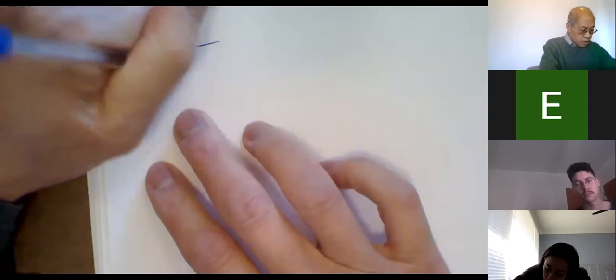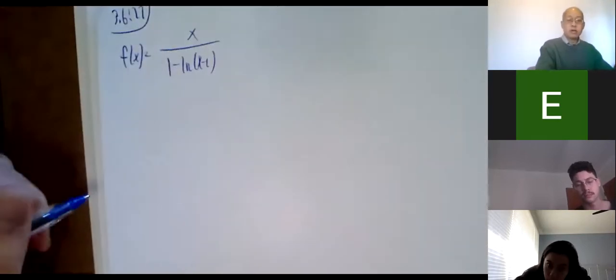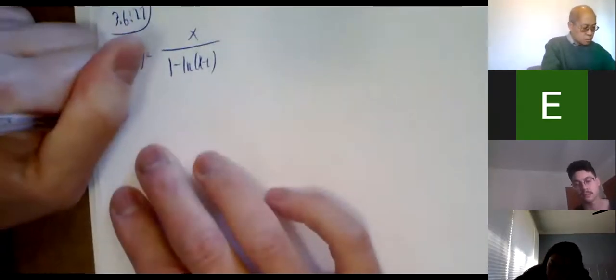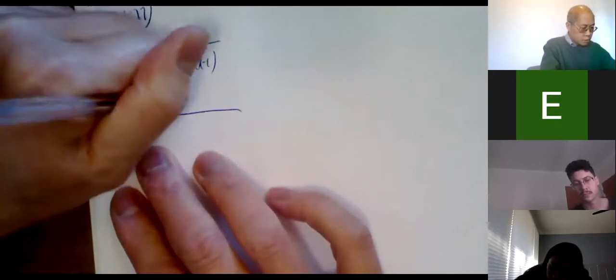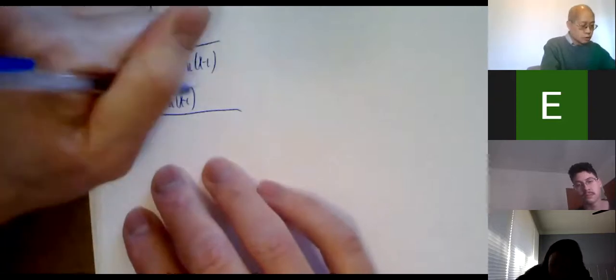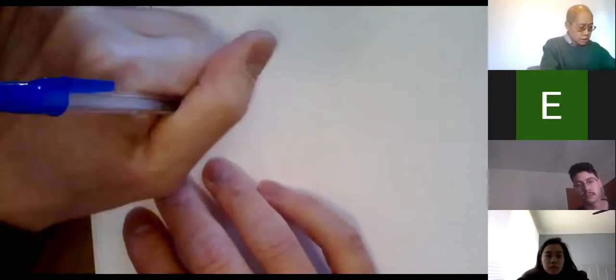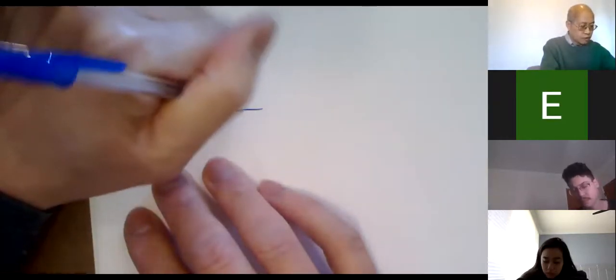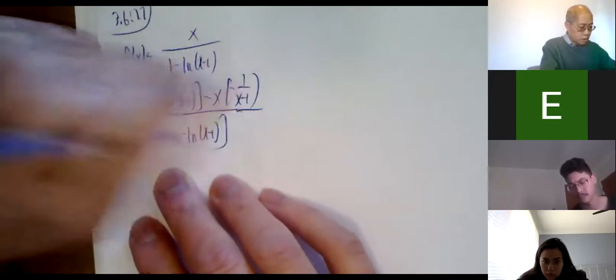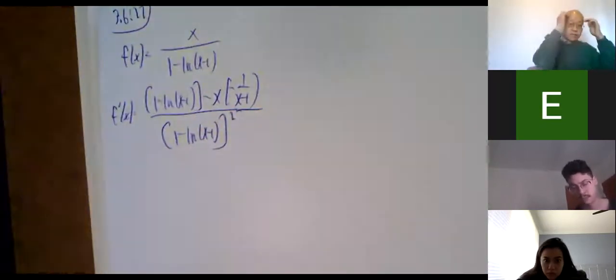F of x equals x over 1 minus ln x minus 1. So the derivative: bottom times the derivative of the top, which is 1, minus the top times the derivative of the bottom, which is negative 1 over x minus 1, over 1 minus ln x minus 1 quantity squared.